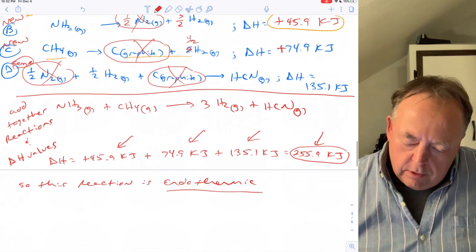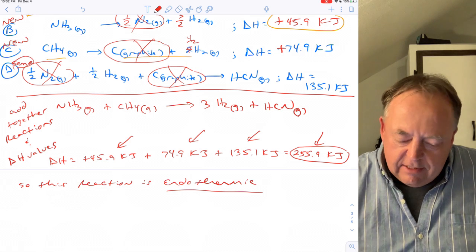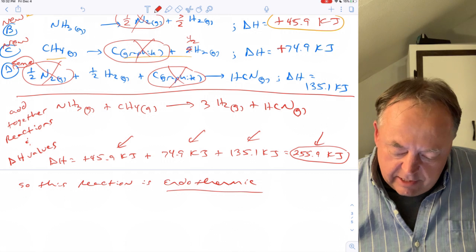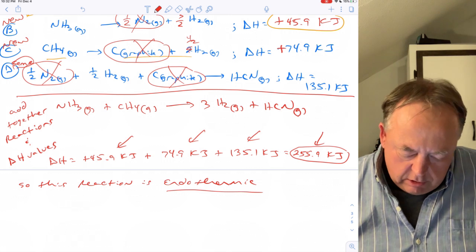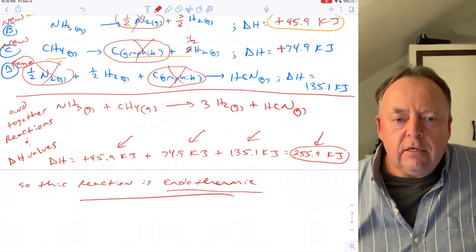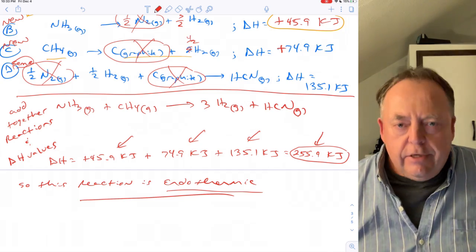So we wouldn't have to go in lab and measure this. We can just use Hess's law, manipulating these three equations and adding them together to get the value of delta H. So we know that this reaction would be endothermic by 255.9 kilojoules. And that's how you use Hess's law.